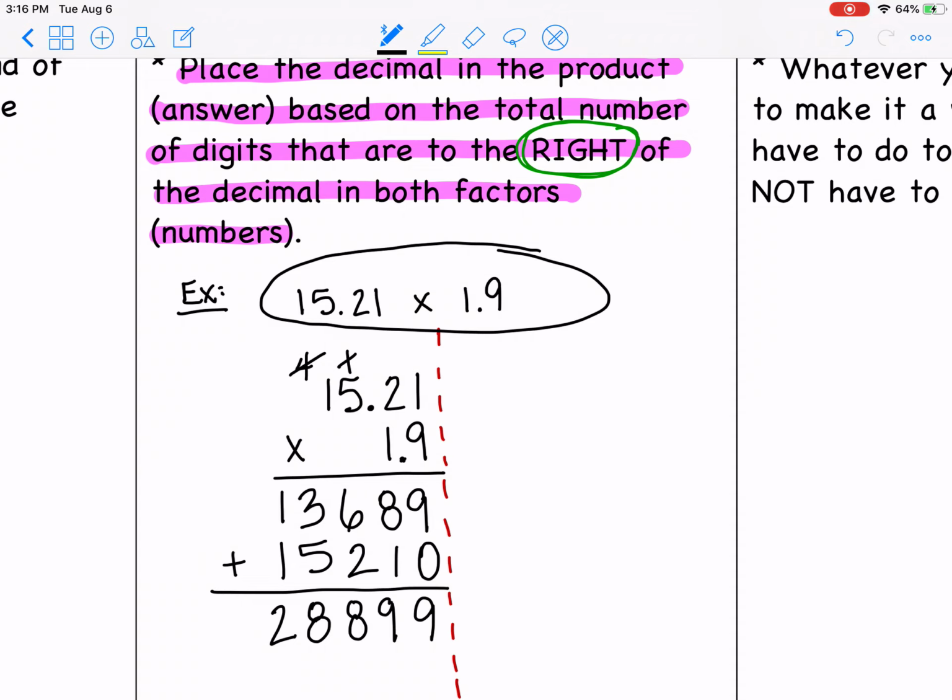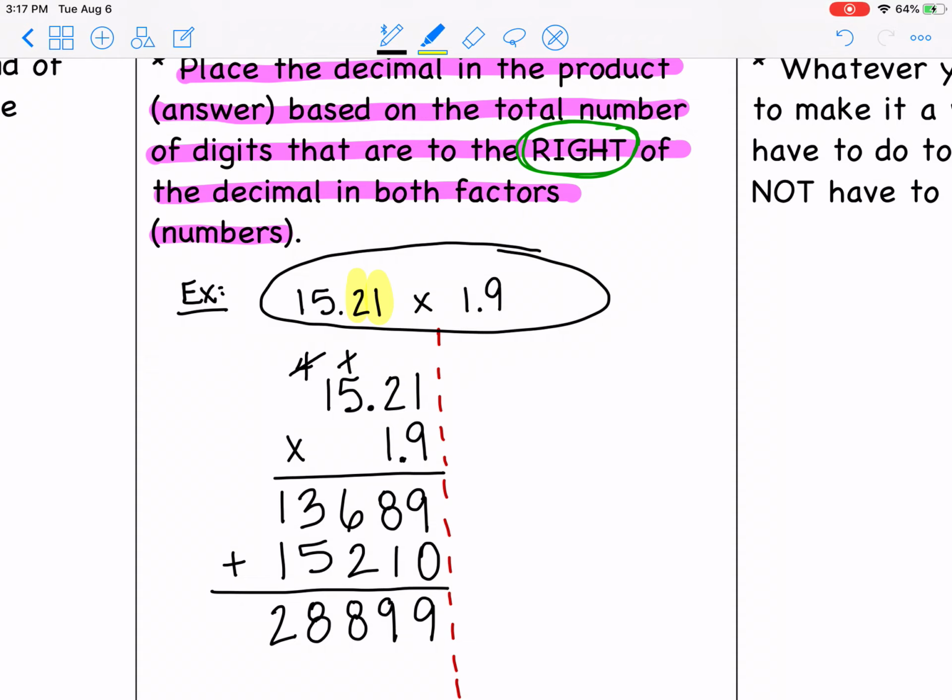Now what I'm going to do is look to the right of the decimal, and count how many digits are to the right of the decimal in each number. Well, in our first number, 15 and 21/100ths, I have 1, 2 digits to the right of the decimal.